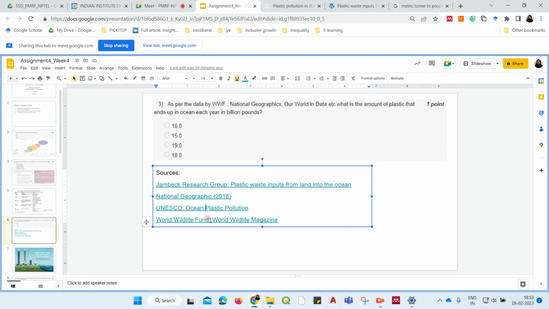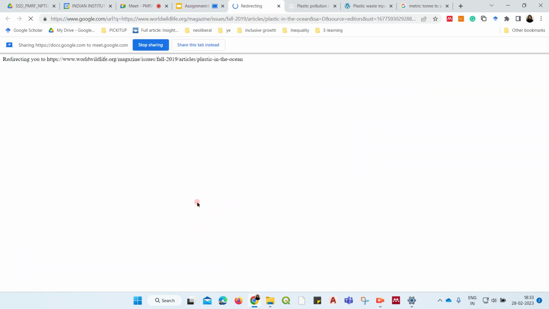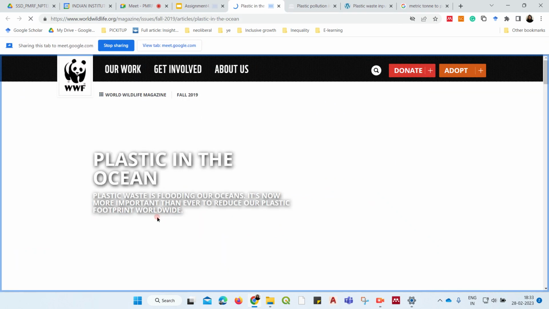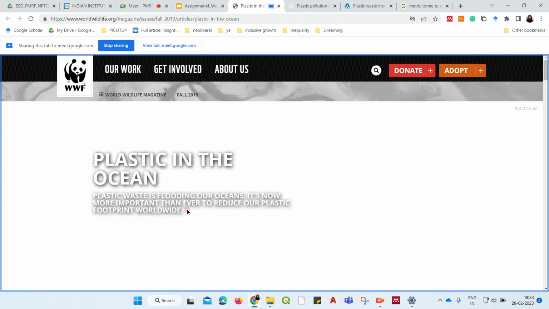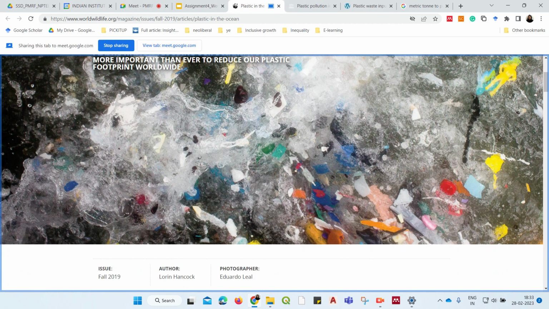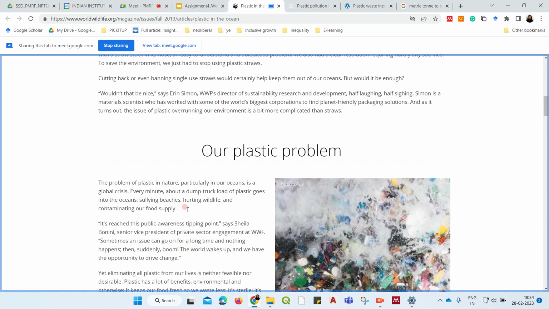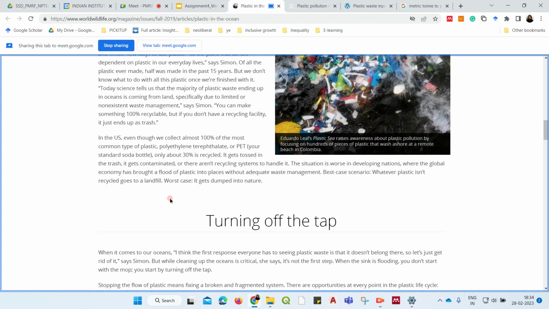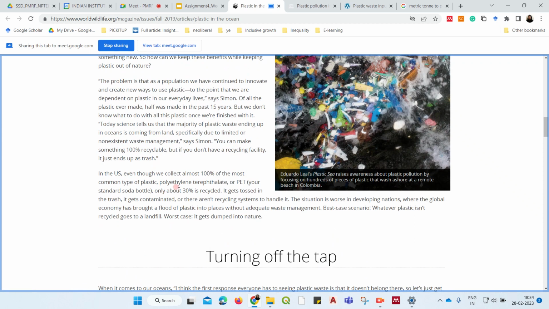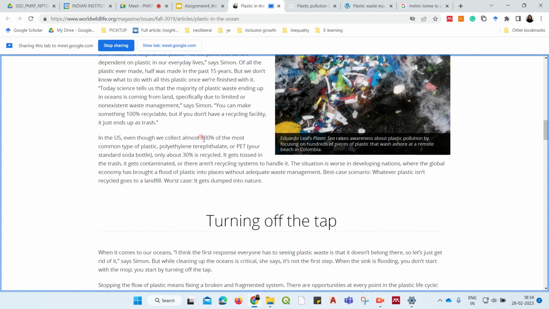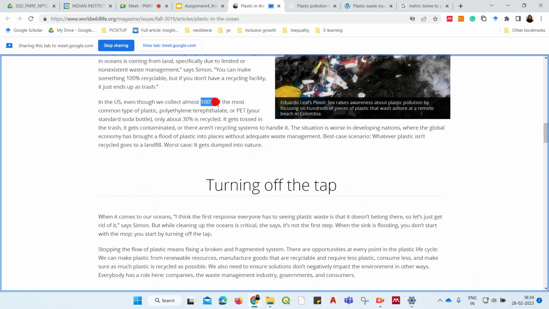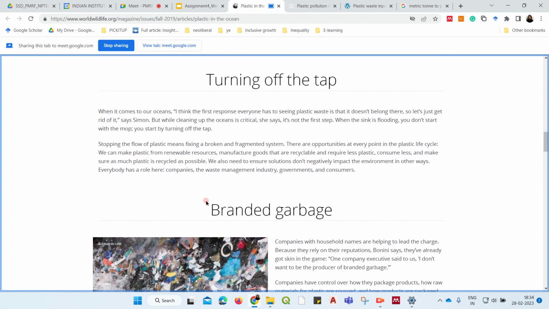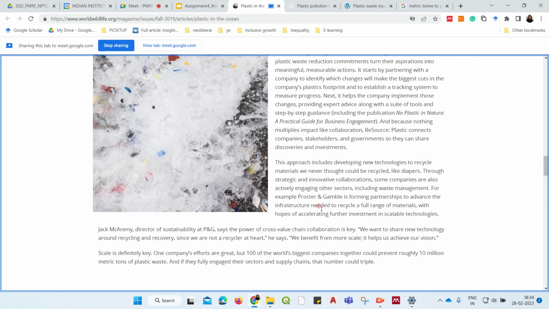Coming back here, you can see the World Wildlife Fund also. Okay, so they have communicated in terms of percentage, in PET bottles, how much of that is recycled, how much is going into oceans and everything.